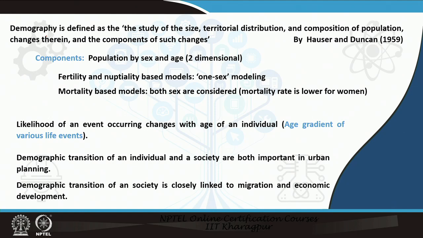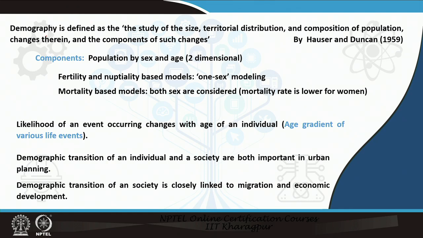So not only these mortality and fertility-based models, we are talking about certain demographic indicators such as fertility or mortality, and as you can see, all these indicators change with different ages. That means the likelihood of a person of an older age to die is more compared to a person of younger age.